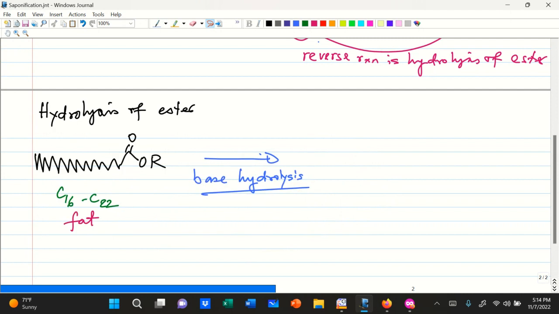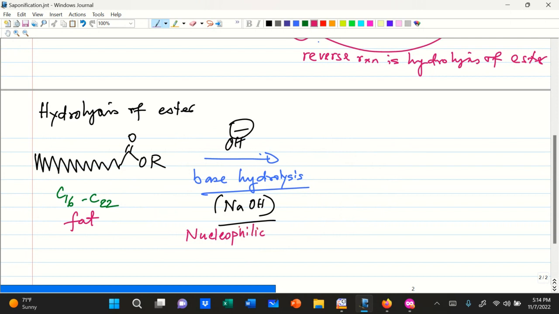So hydrolysis with a base, and the reaction is a very straightforward nucleophilic acyl substitution reaction that we have learned in organic 2, which is this. So here a base, meaning hydroxide, which can be sodium hydroxide or potassium hydroxide, right? That is going to be a simple nucleophilic acyl substitution reaction.